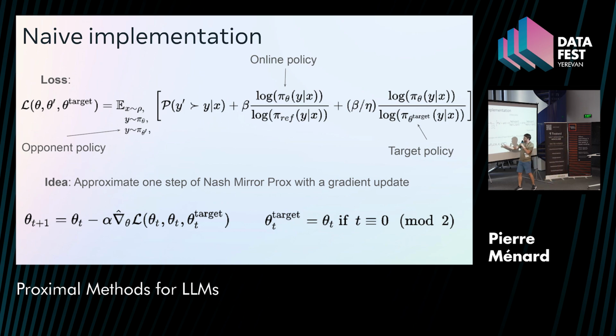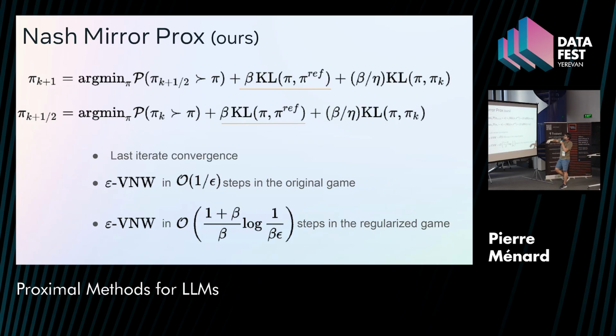So we keep the same policy for the online policy and the opponent, and the target, the reference policy here, we update every 2 steps, basically, to mirror what's happening here with those 2 steps.